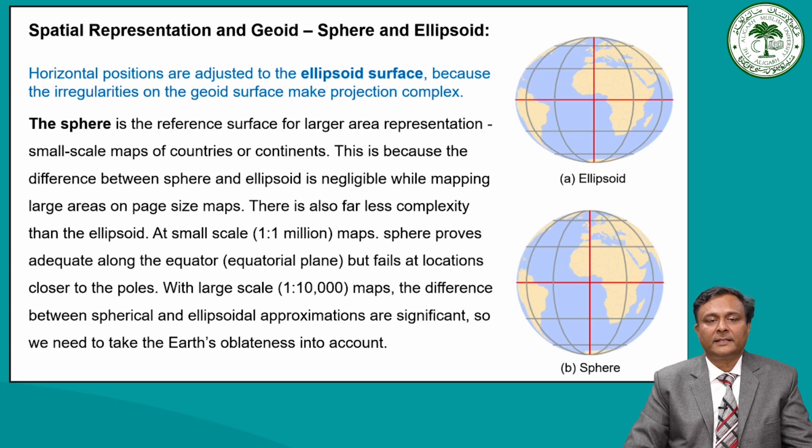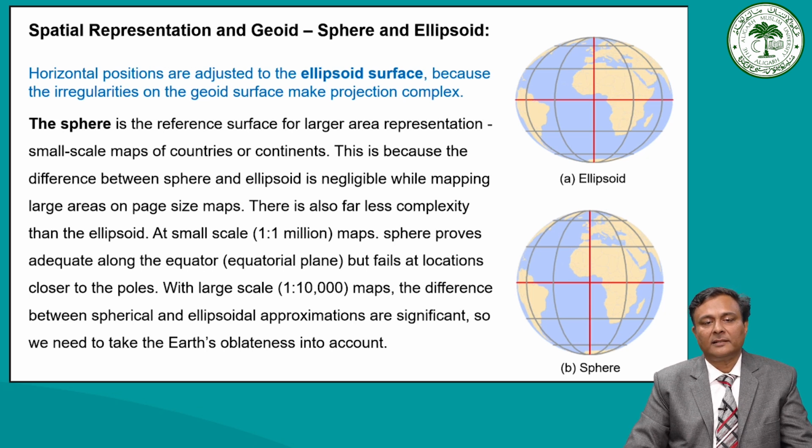The sphere is the reference surface for larger area representation, that is small scale maps of countries or continents. This is because the difference between sphere and ellipsoid is negligible while mapping a large area on a small piece of paper. There is also far less complexity than the ellipsoid.